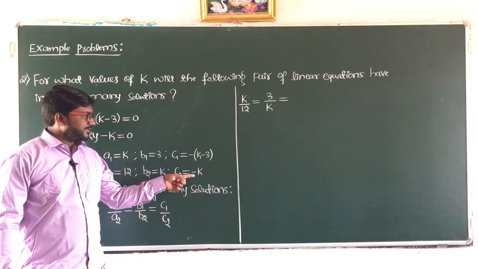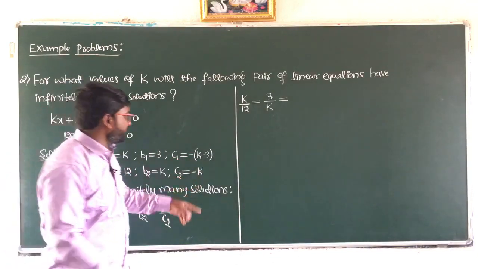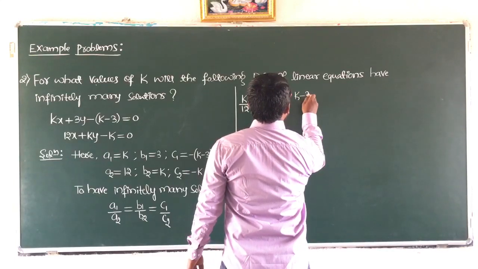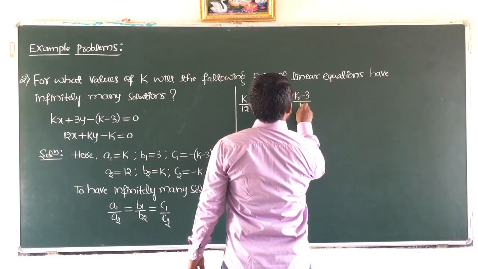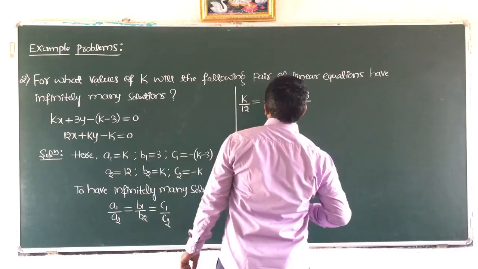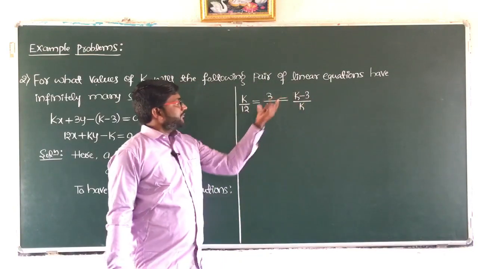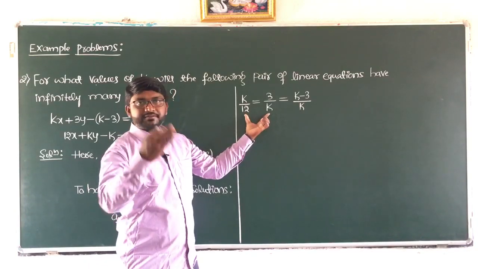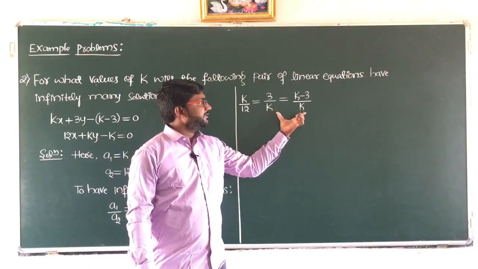So minus by minus becomes plus, I write only k minus 3 by k. So now I will take up the first 2 cases. We can equate these two. In the second case, I equate the second and the third term.